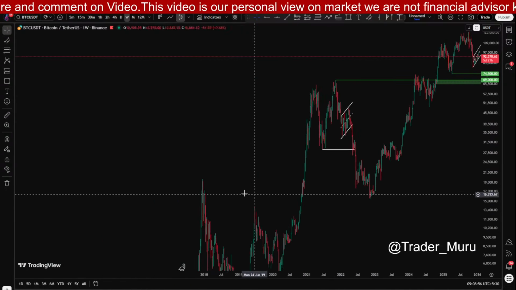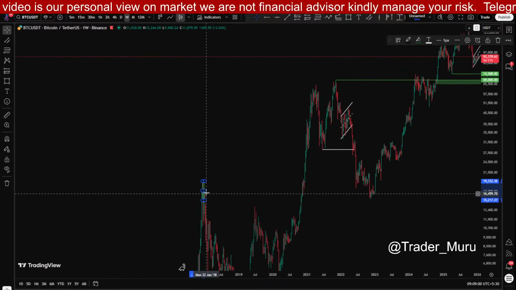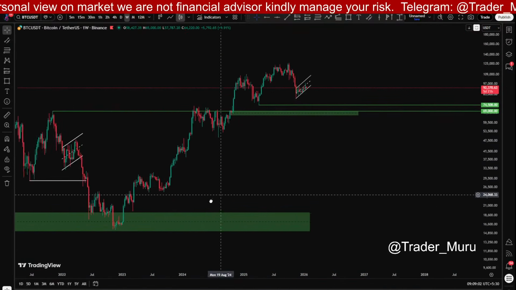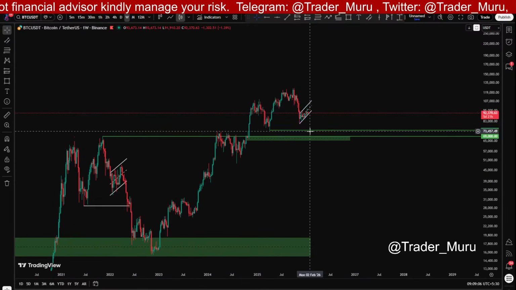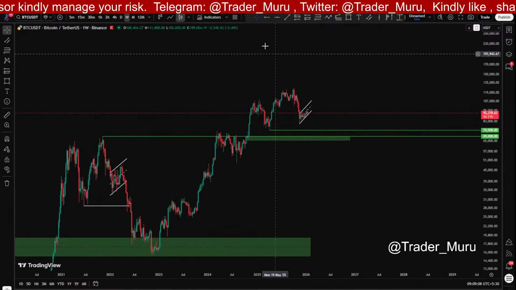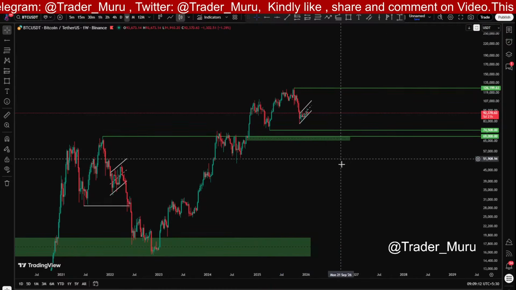After the drop, it tested the previous ATH and then pumped. The previous ATH is here, so the pump can lead to a test of this area, and we will see another ATH after this one.